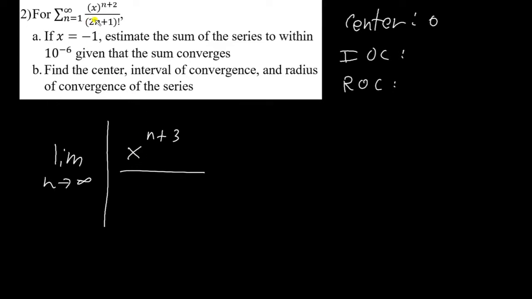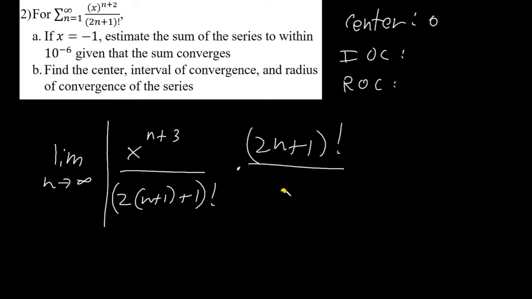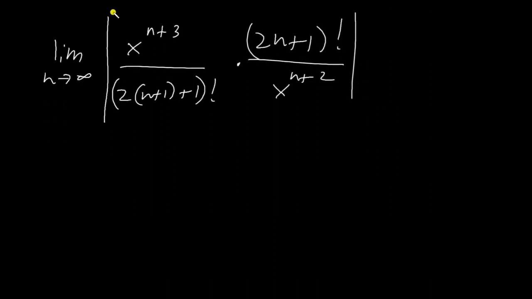And then if I plug in n plus 1, I'll get 2 times n plus 1 plus 1. And then we're dividing by the nth term, so we'll be multiplying by its reciprocal. So 2n plus 1 factorial over x to the n plus 2. Okay. Now let's simplify this a bit. So we want it to cancel with the x to the n plus 2.